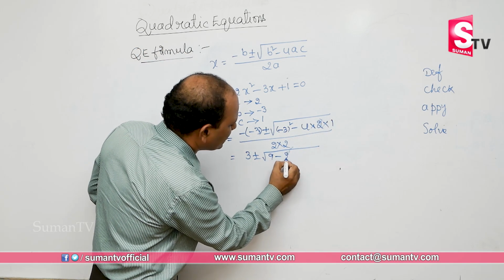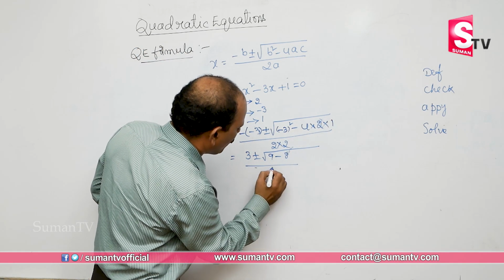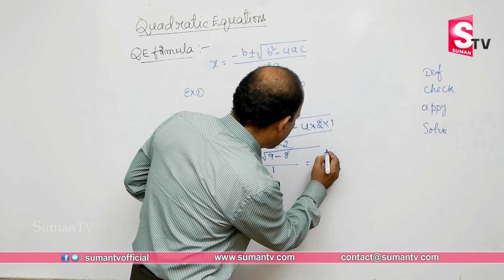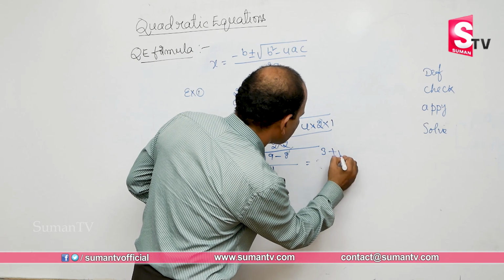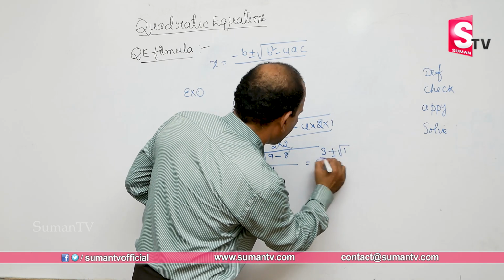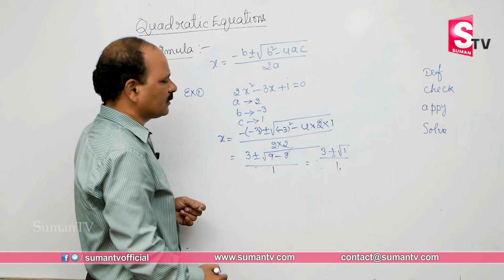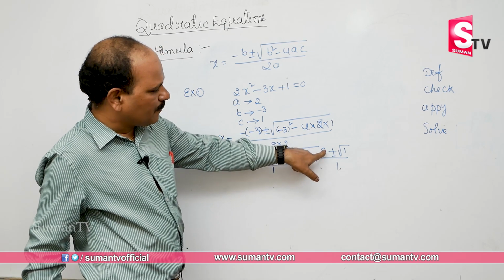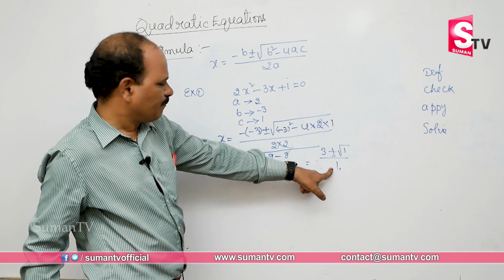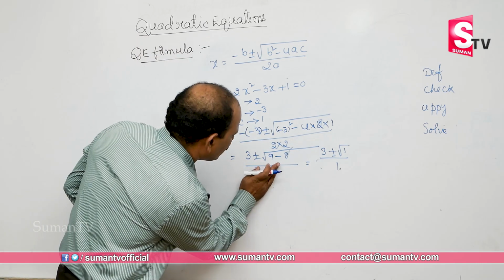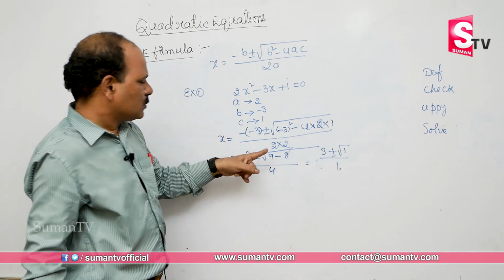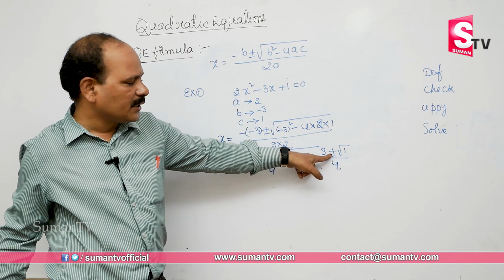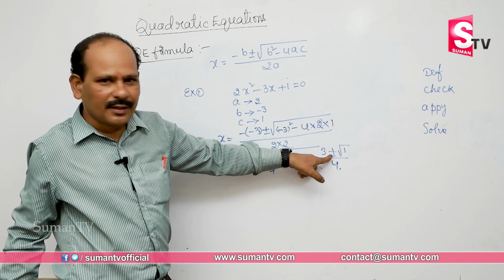So minus 8, by 4. Now x is equal to 3 plus or minus root 1 by 4. One time you have to take plus, next time you have to take minus.